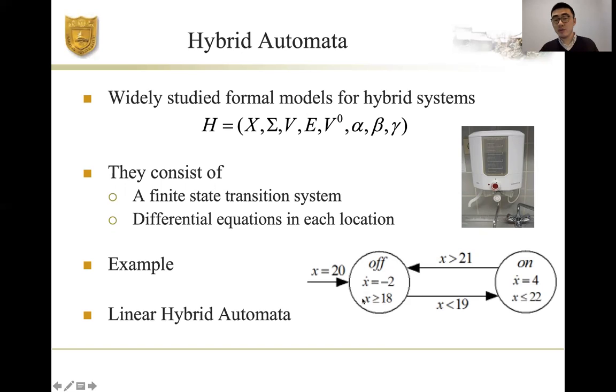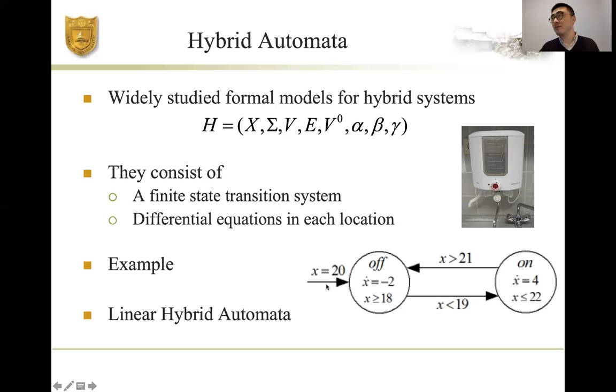We have two nodes. One is off, one is on. One means the system is turned off. One means it's turned on. And you may notice here, in each location, we have a differential equation. We have x dot, right? So x dot equals -2. It means dx/dt equals -2.